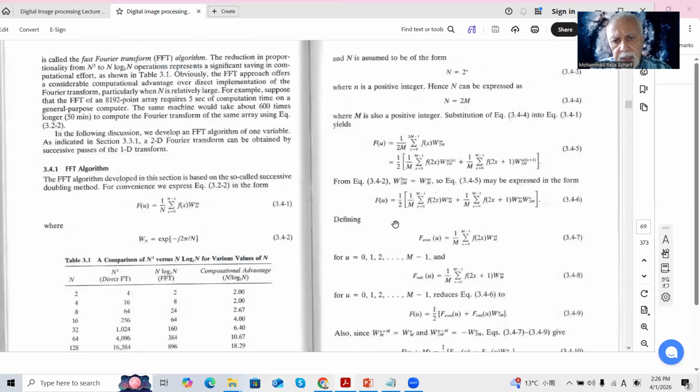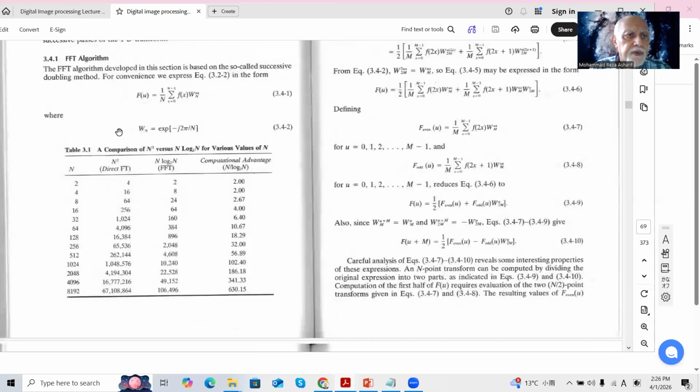This you can study. Also, for implementation, the Fourier transform uses a lot of computation. In this case, the number of computations is n square or more than n square, but with the fast Fourier transform, it becomes n log n base 2.